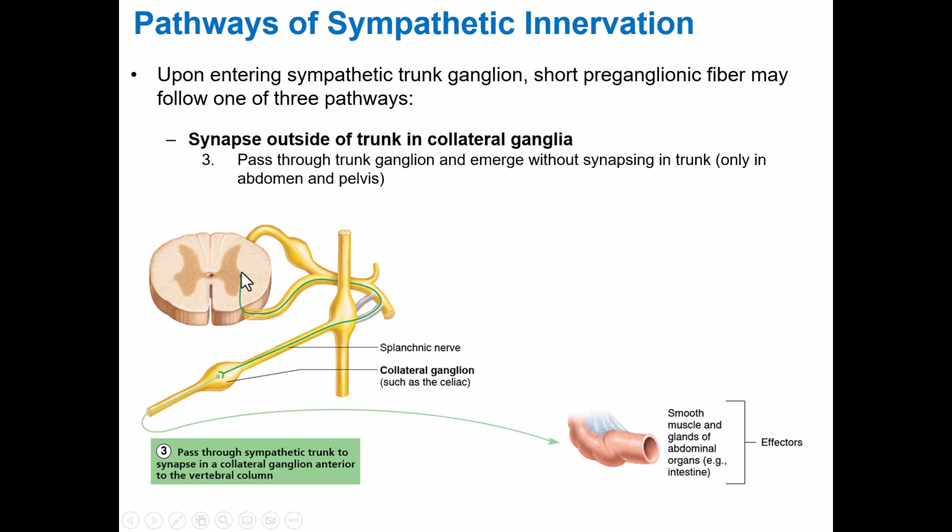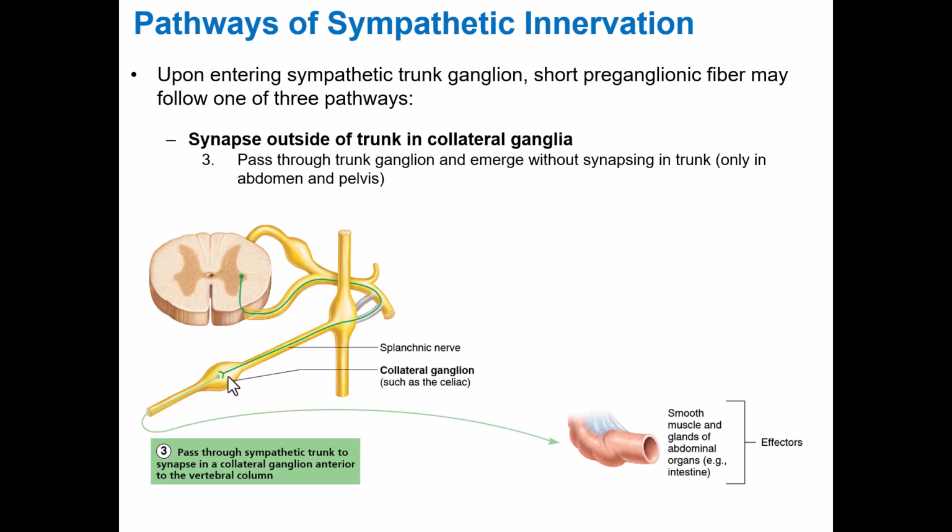Instead, the preganglionic neuron exits the spinal cord through a spinal nerve, goes right through the sympathetic trunk, and instead moves to a ganglion that's further away from the sympathetic trunk, and synapses with its postganglionic neuron there. Sometimes these are called collateral ganglion. Collateral ganglion are not part of the sympathetic trunk ganglion. They're further away from the spinal cord.